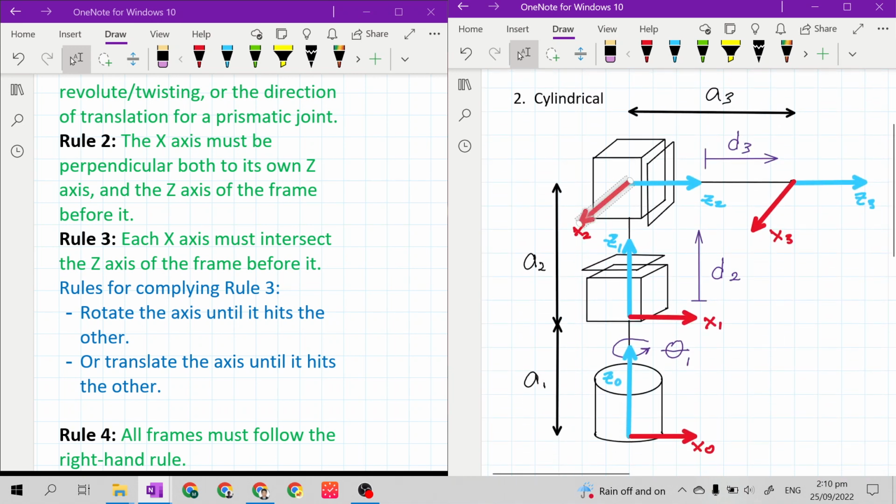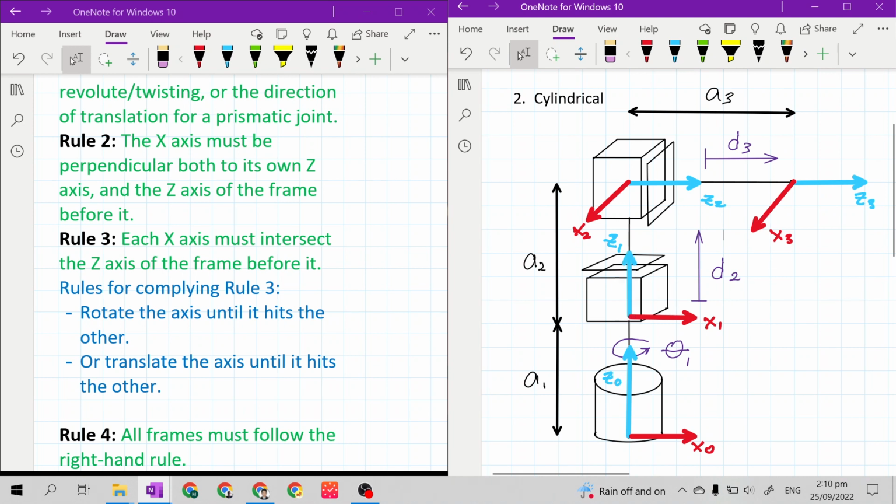The next frame has x sub 2 here, and the z-axis before it is z sub 1. We will extend z sub 1 and look if it will intersect with x sub 2. So it will intersect with x sub 2. Okay. Next.